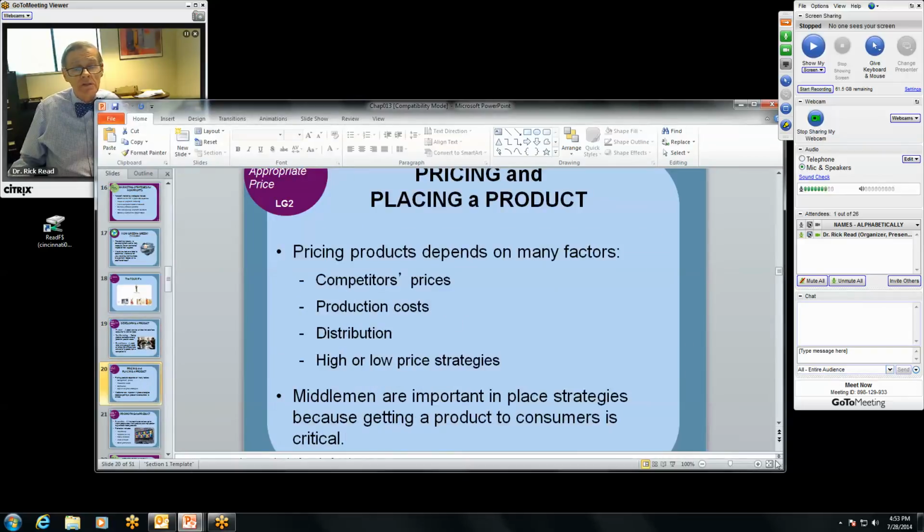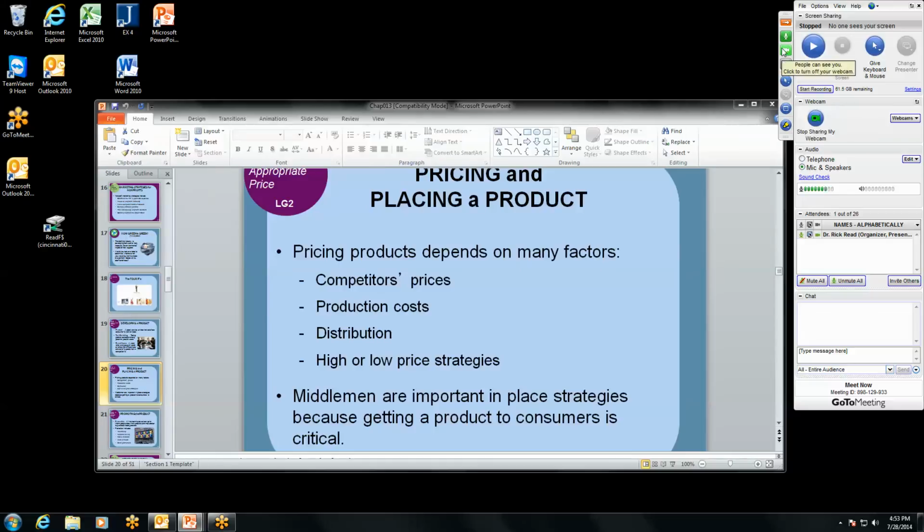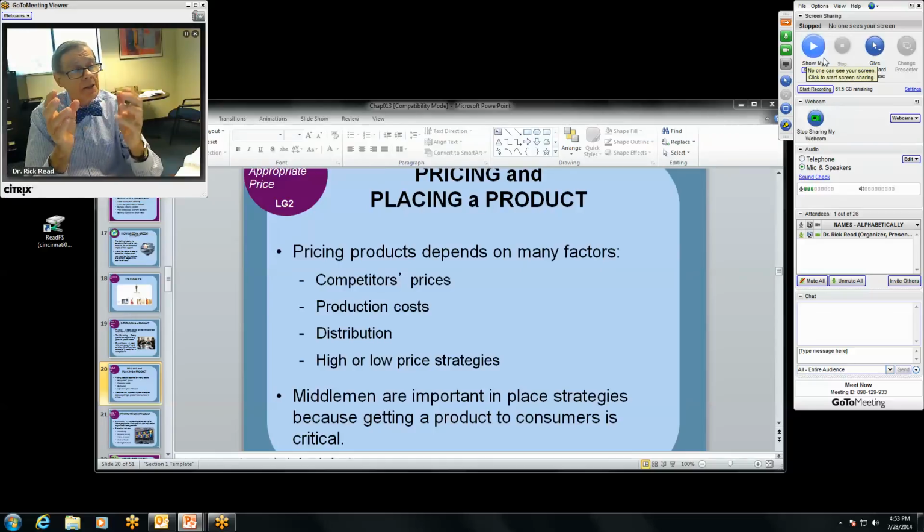Now this is something we really need to think about in the product area, and notice these two are combined here, the pricing and the placing of a product. We're going to price depending upon what our competitors' prices are, and it's also taken into consideration our costs of production, costs of distribution, or the ability to distribute.